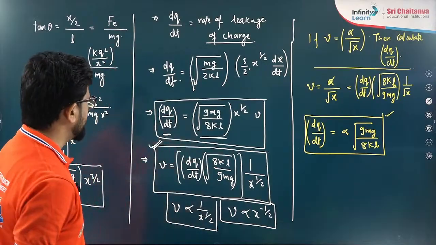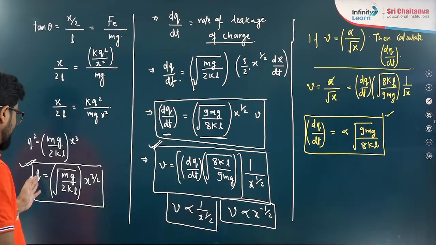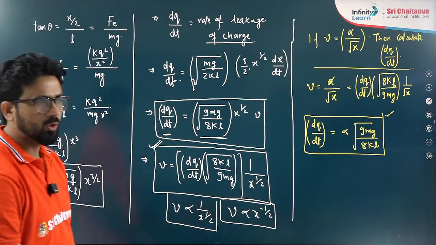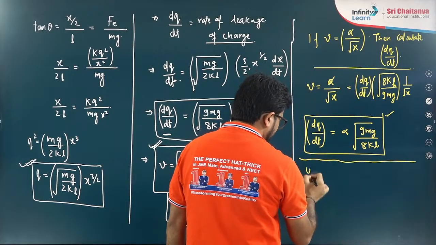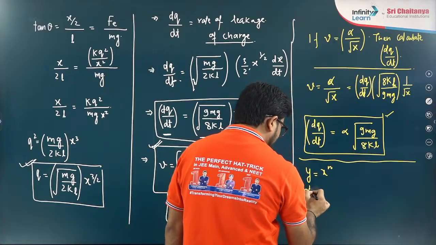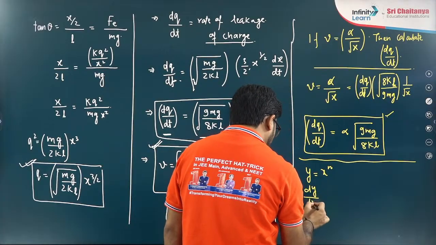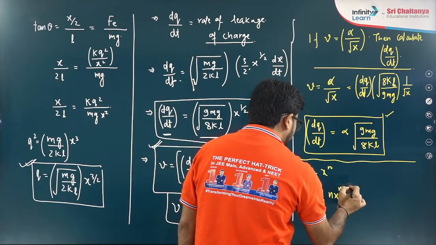That's the answer. Many students are asking, sir, how you have differentiated q is equal to x to the power 3 by 2. Definitely, beta, suppose I am writing y equal to x to the power n. So what is differentiation? dy by dx is equal to n into x to the power n minus 1.